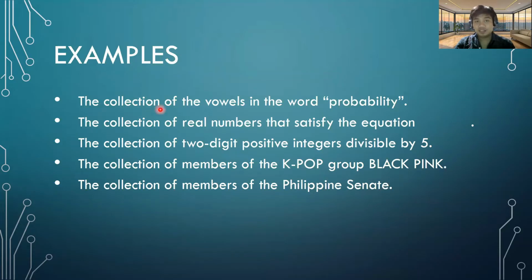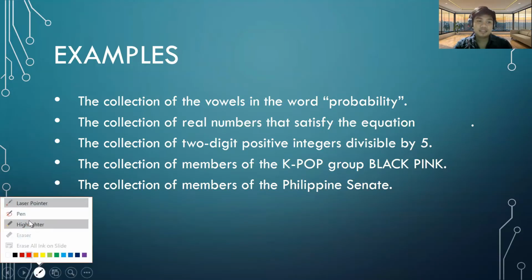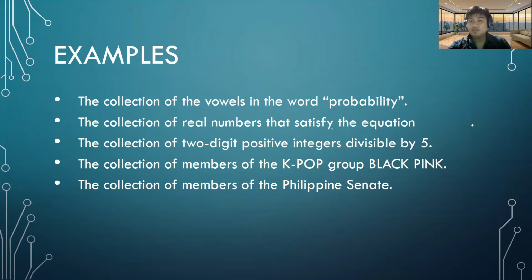Number one, the collection of vowels in the word probability. So if you're going to look at the word probability, yung mga vowels dyan are O, A, and I. Next, the collection of real numbers that satisfy an equation. For example, x squared is equal to 4.